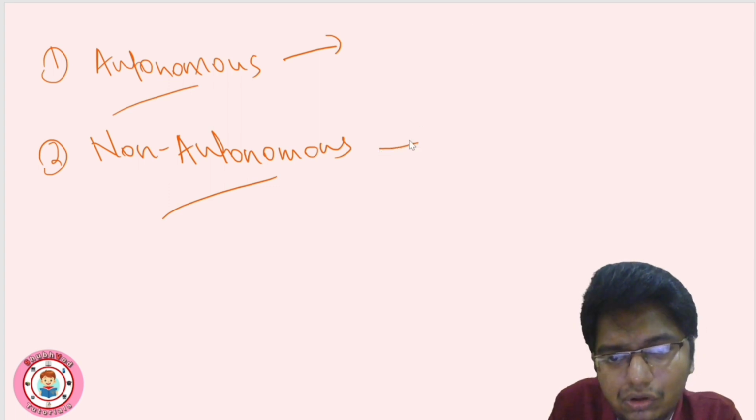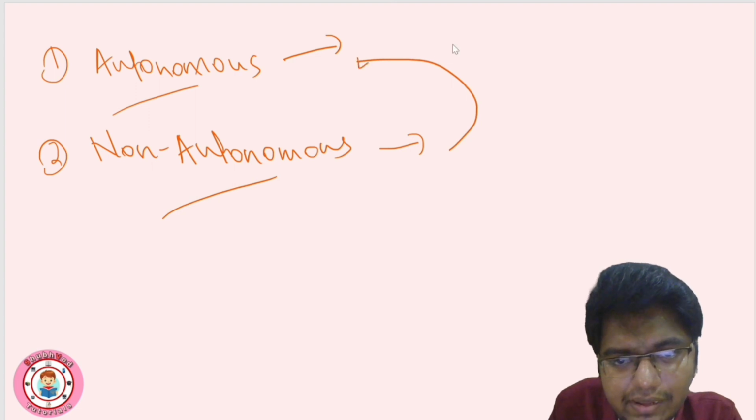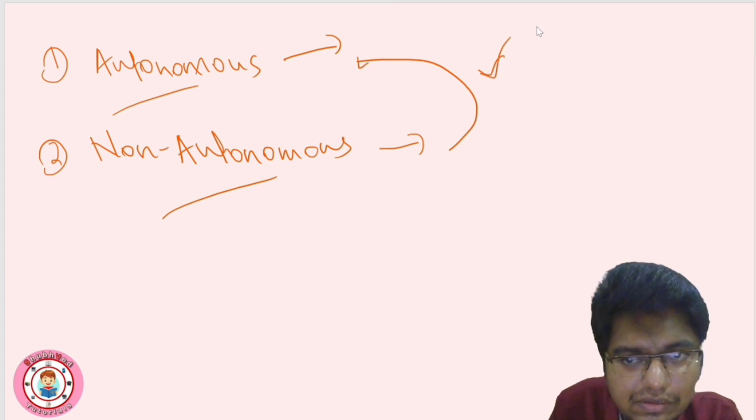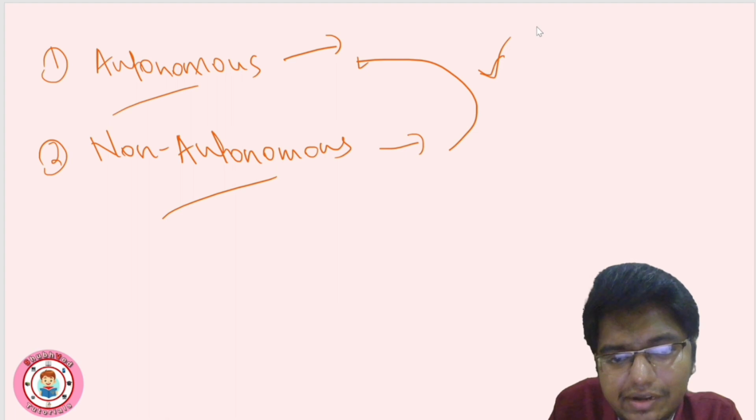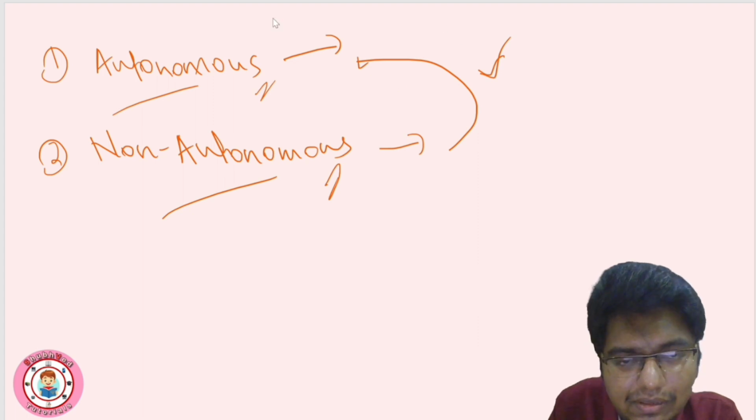In non-autonomous, the transposase is absent. Transposase coding element is absent. Non-autonomous requires help of the autonomous to complete the transposition, right? Because transposase is not synthesized by the non-autonomous. Okay, transposase gene is absent, and here it is present.